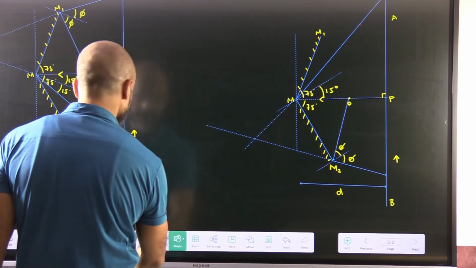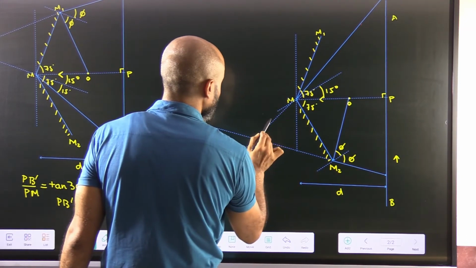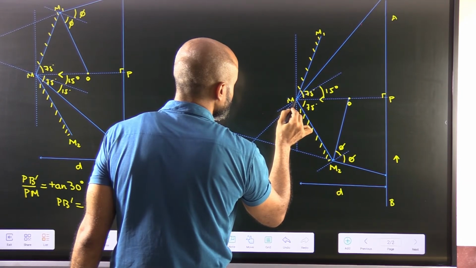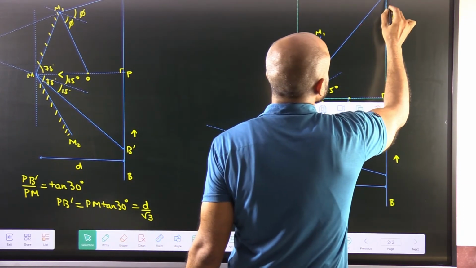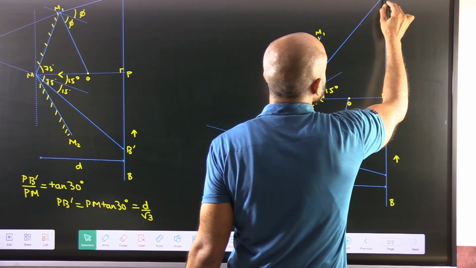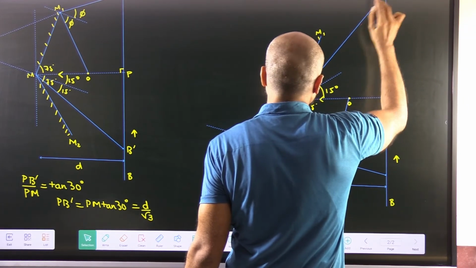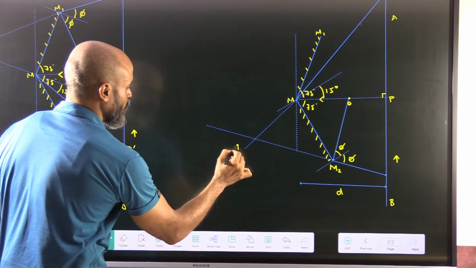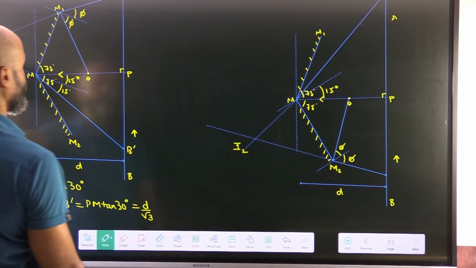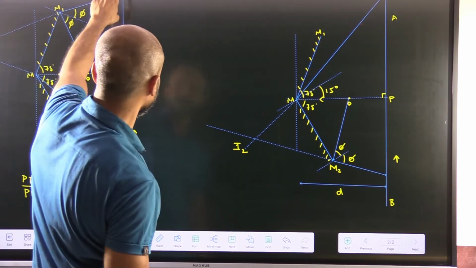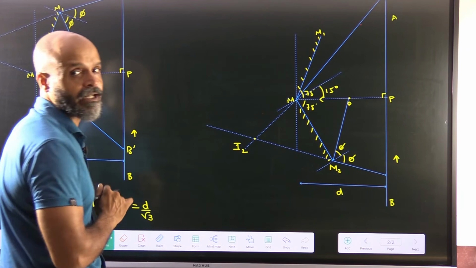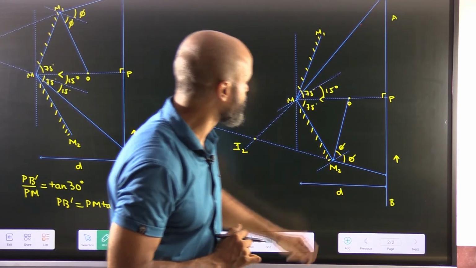We have extended this, so this basically forms the I2 part. So this was I1 and this was I2. The person walking here can actually see two distinct images, one at I1 and one at I2. That's how the reflections will appear here.